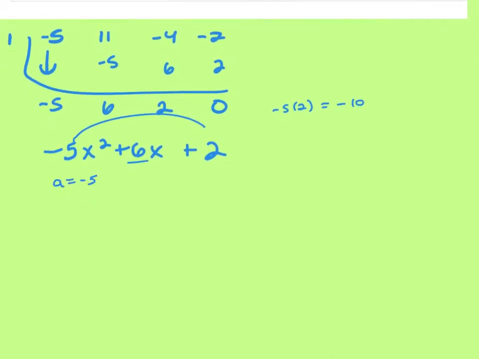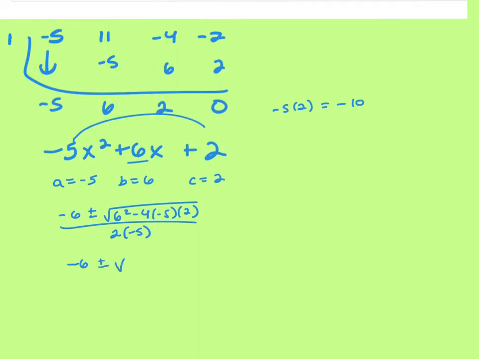So A is -5, B is 6, and C is 2. -6 plus and minus the square root of 6 squared minus 4 times A times C, all over 2 times A. -6 plus and minus the square root of 36, this is 20 times 2, so plus 40, over -10.